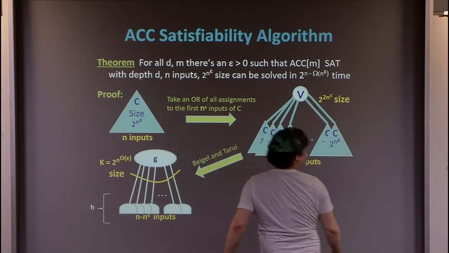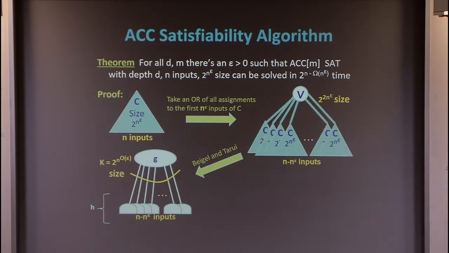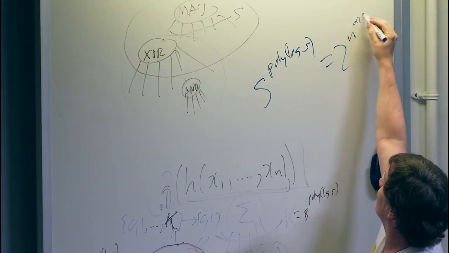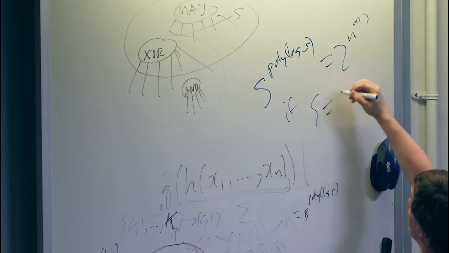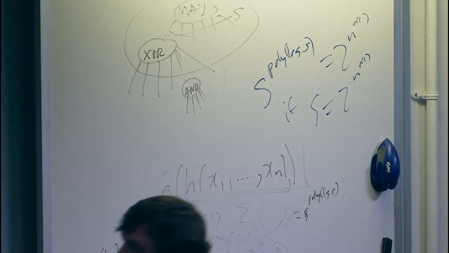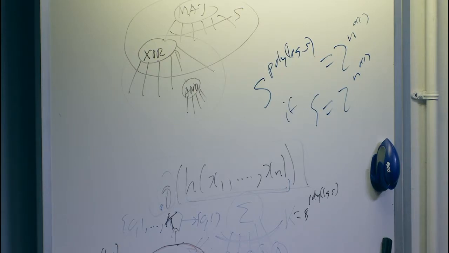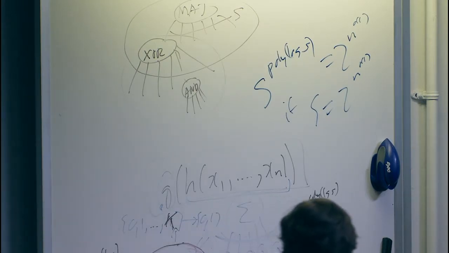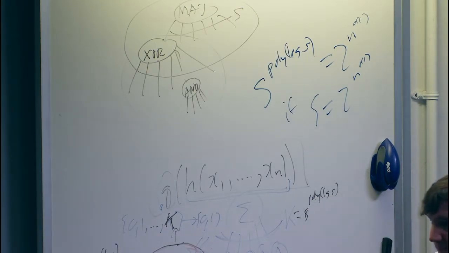So again, as I erase it, it's 2 to the n of 1, if S is 2. All right. So we got this G of H's here, which we can also write as a sum of ANDs thing.